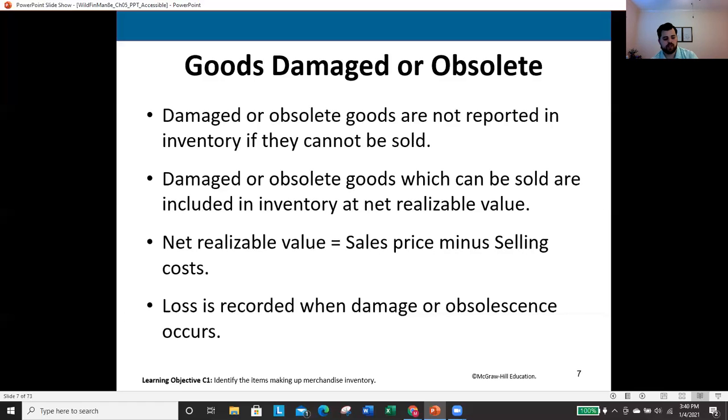They can't do any of the stuff that people want their phones to do now. So they're probably not that useful to sell unless someone just wants them as a collector. They might have value to a few people, but the majority of people who just want a phone that can operate and do the new things aren't going to be interested in that iPhone 1. So it's going to be very difficult, maybe even impossible, to sell that million iPhone 1s. Those would be goods that have gone obsolete.